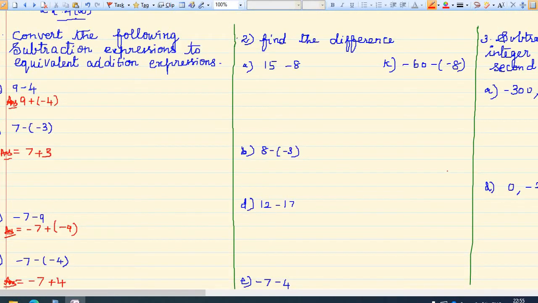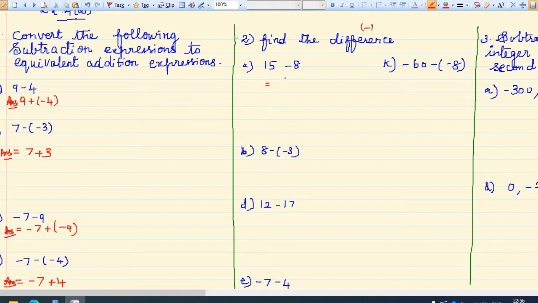When I come to the second sum, find the difference. See this, you are going to subtract. Difference means what you are going to do? Difference means subtract. So minus. So listen here, 15 minus 8, alternate symbol, 15 plus of minus 8.